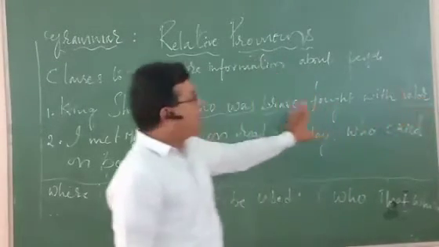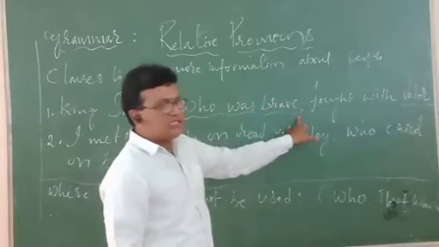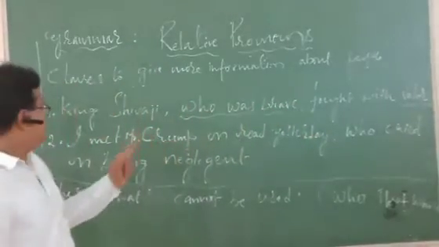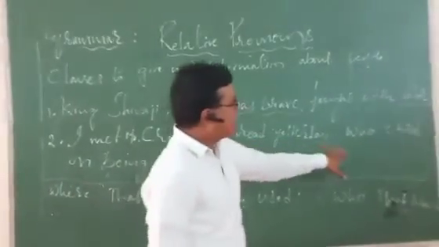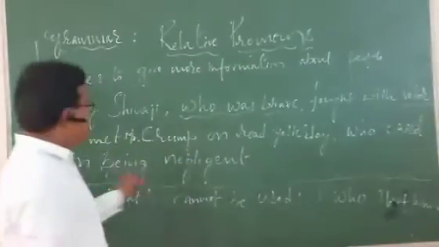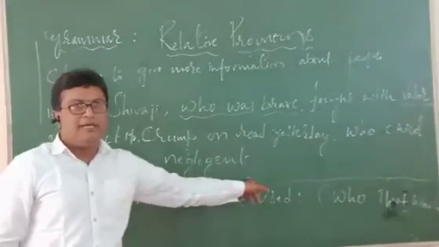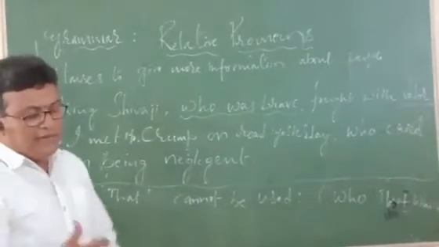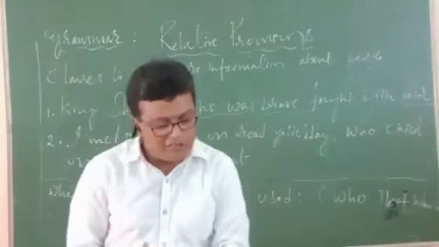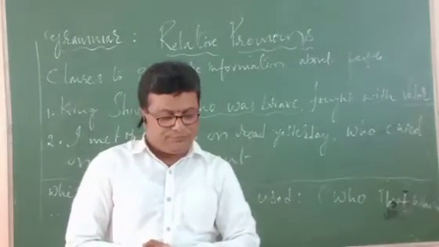Therefore, when I speak like this, I am supposed to separate with commas. I met Mr. Kram on the road yesterday, comma, who cried on being negligent. Now, a few sentences are there where we are not supposed to use that.